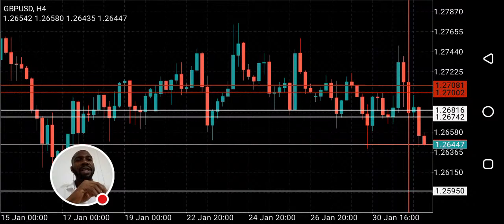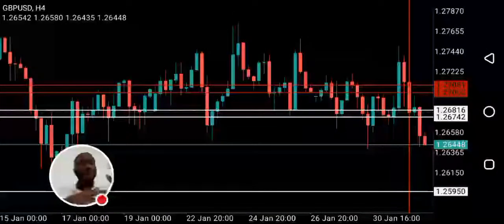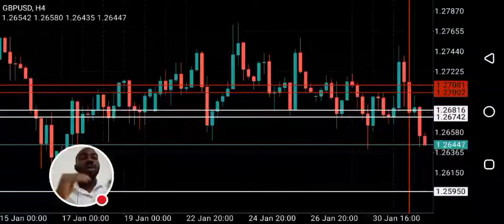Right now GBP USD is bearish. As you know, there's a strategy called break and retest. A support has been broken, and that support has become a resistance.